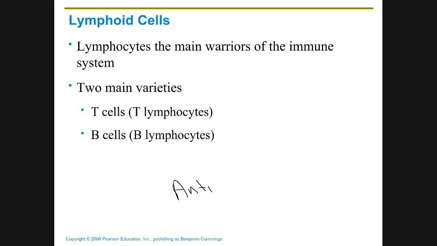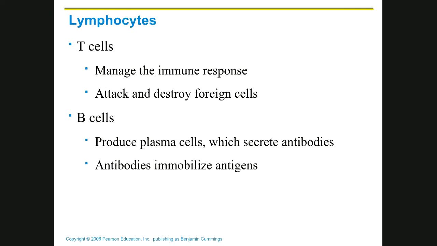Well, antibodies are the product of these cells. And so again, these are the warriors of the immune system. Well, they work differently. B cells produce antibodies. T cells physically attack and destroy cells. We'll get to that more.